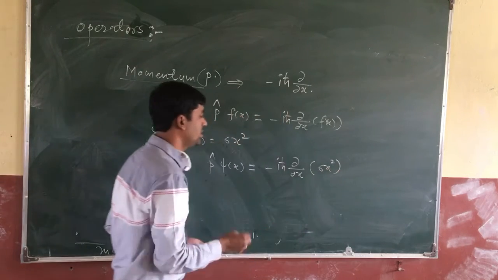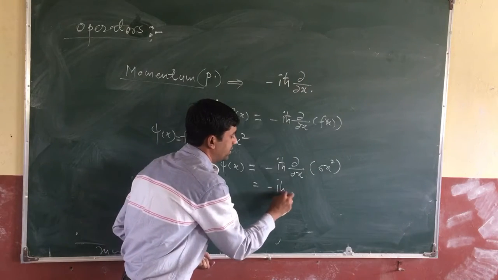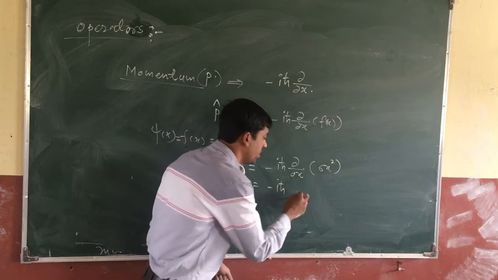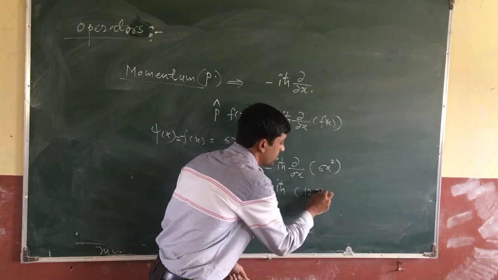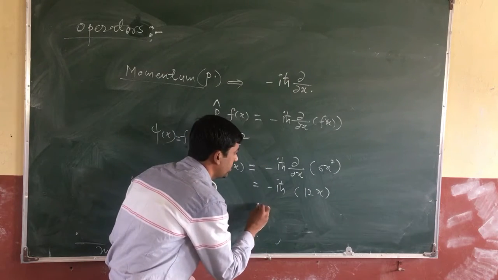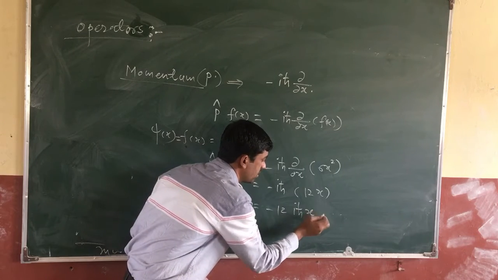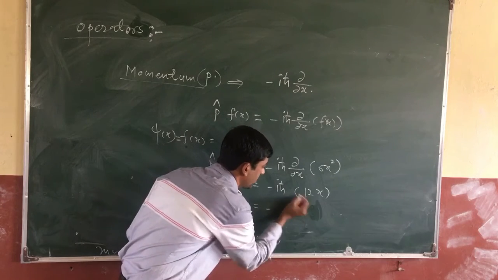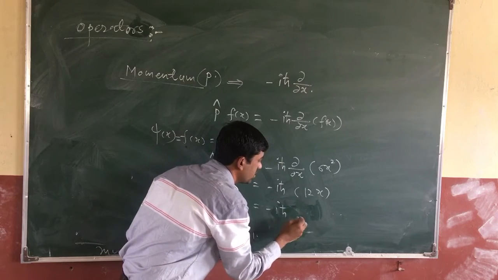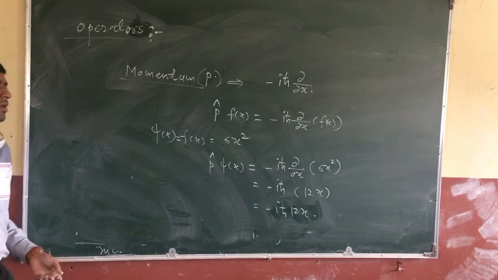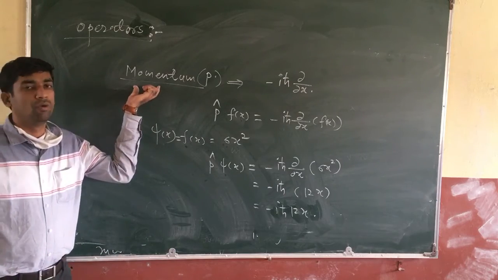This gives minus i h cross times the differentiation of 6x square, which is 12x. So the value will be minus i h cross into 12x. This is about the momentum operator.